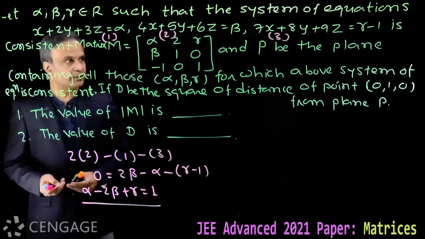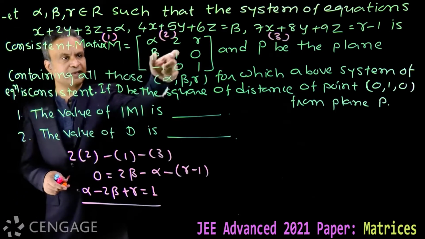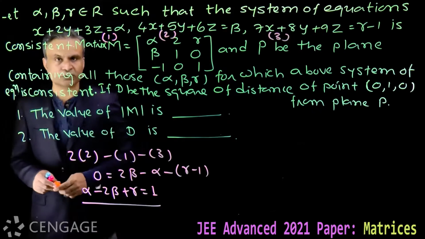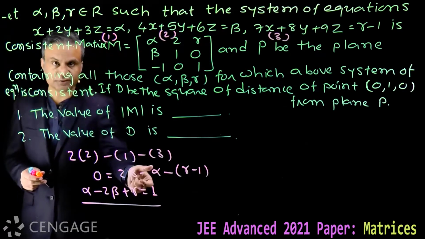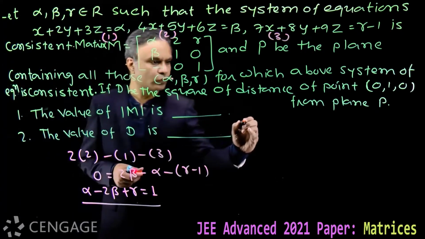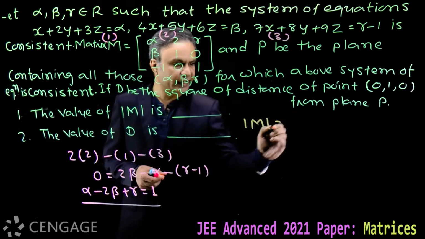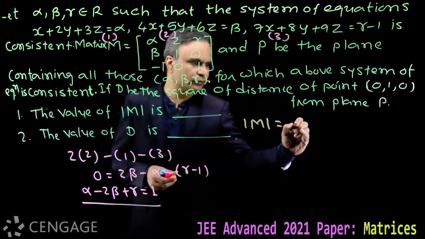Next, matrix M is given. We have to find the modulus of M. Definitely value of this will be in the form of this expression. Let's find the value of determinant. Value of modulus of M will be, coefficient of alpha will be 1.